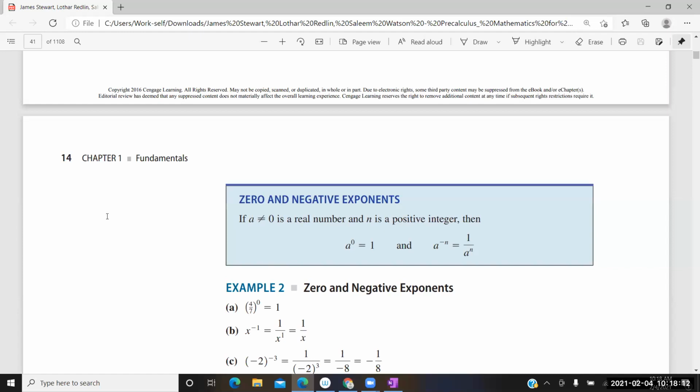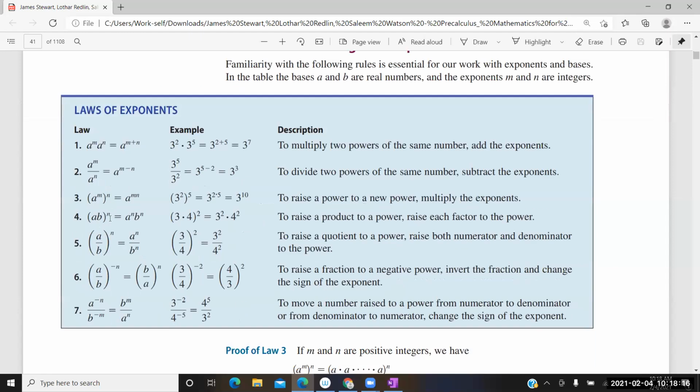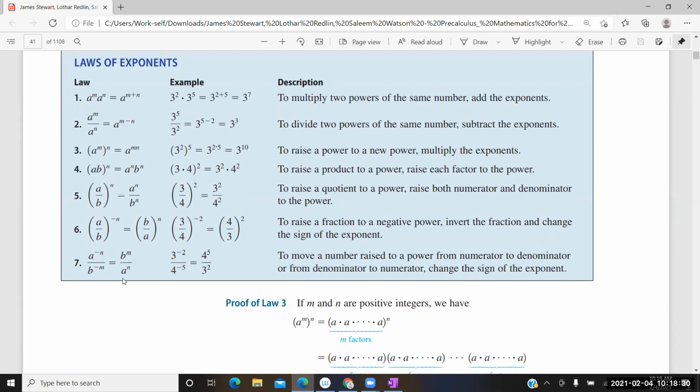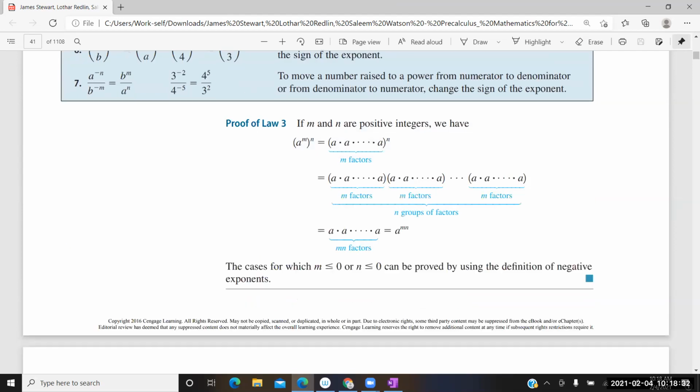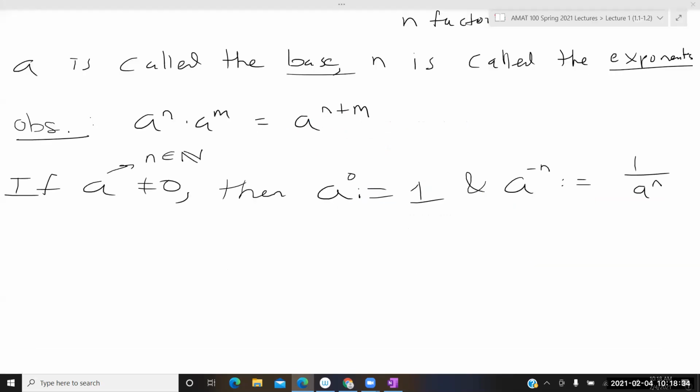Then you have powers of powers. You just multiply them. If you have a product raised to a power, you just, in some sense, distribute the power. The same holds for fractions. If you have a fraction raised to a power, you just distribute the power. And then these also are pretty straightforward. So let's see what else is in this section.